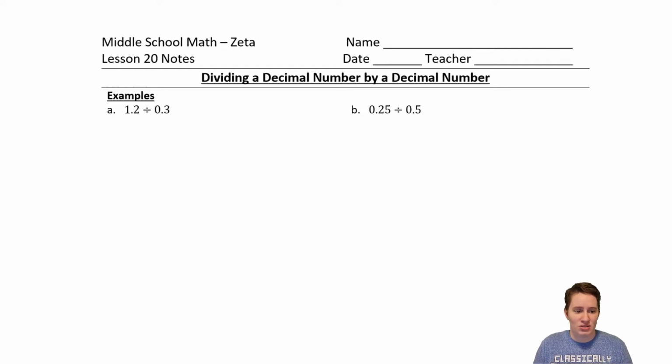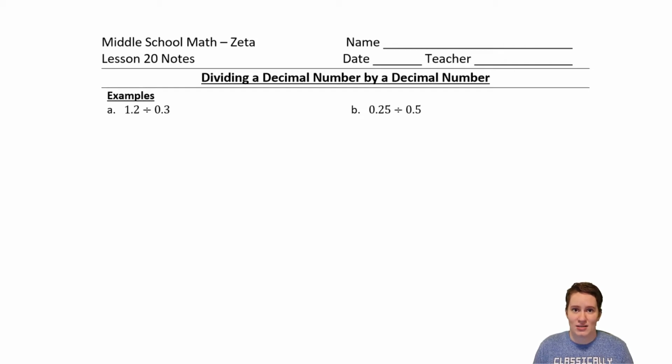So what we want to say is, I don't want to divide by a decimal. That's just in general. We don't want to divide by a decimal. So we move the decimal on what we're dividing by, and then we have to move it the same amount on what we're dividing into.